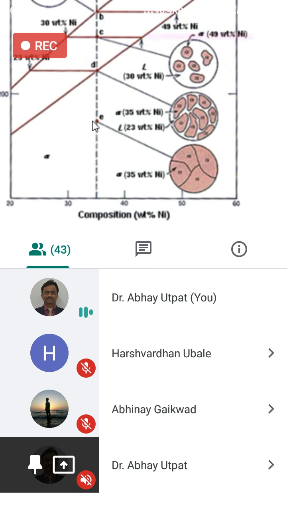Second point, at point B, in bracket, just below liquidus line. Dash, you can write 5% solid, 95% liquid.